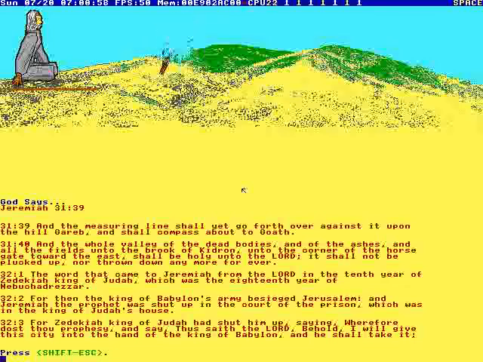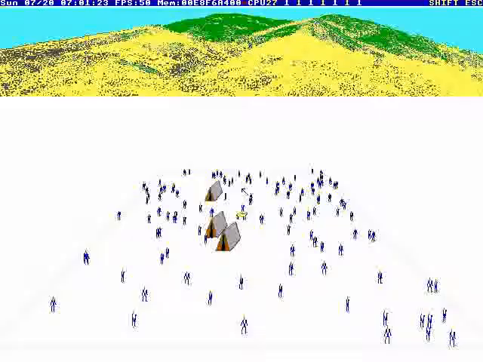Oh, the word came to Jeremiah, the Lord, 10th year of Zedekiah king. For when the king of Babylon army besieged Jerusalem, and Jerusalem shut up the court of the prison which was in the king of Judah's house, for Zedekiah king of Judah had shut him up, saying, Wherefore dost thou prophesy, and say, Thus saith the Lord, Behold, I will give this city to the hand of the king of Babylon, he shall take it. Okay.